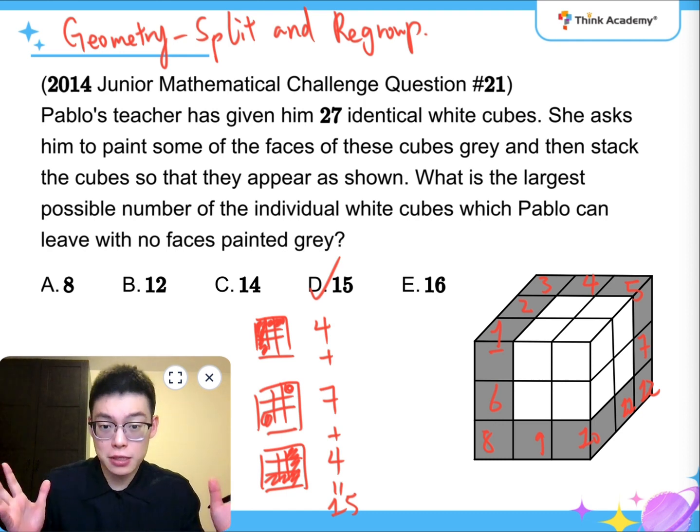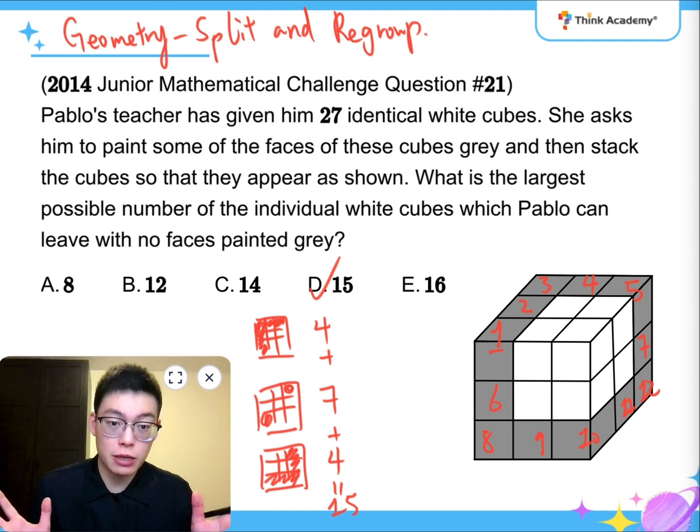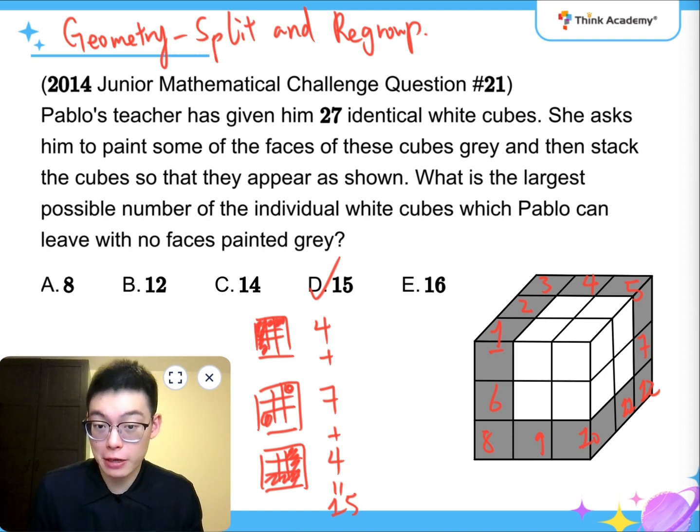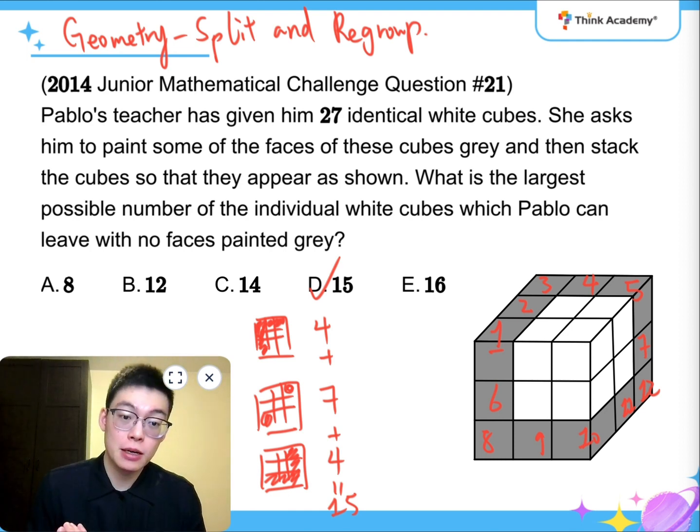What about the others? We don't have any information about them, right? Apart from these ones, the others can all be white. Of course they can, because I can't say that they are not white, right? From what we are seeing, all we can see is that 12 of them are painted gray.